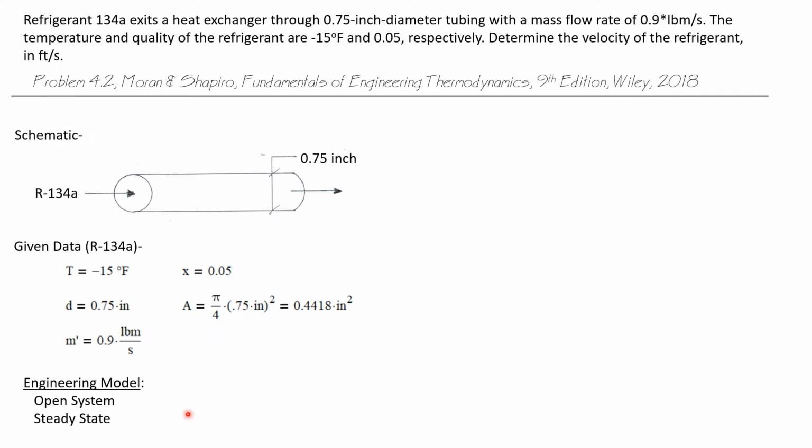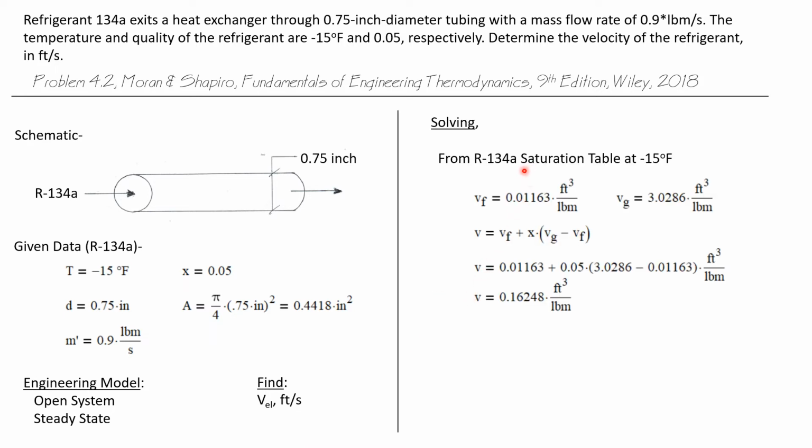We're going to model this as an open system operating at steady state, and we want to find the velocity of the refrigerant. We need to determine the specific volume of this mixture. So we're going to go to the saturation table for R134A, find the row that indicates the temperature of minus 15 degrees Fahrenheit. We're going to get values for v sub f and v sub g.